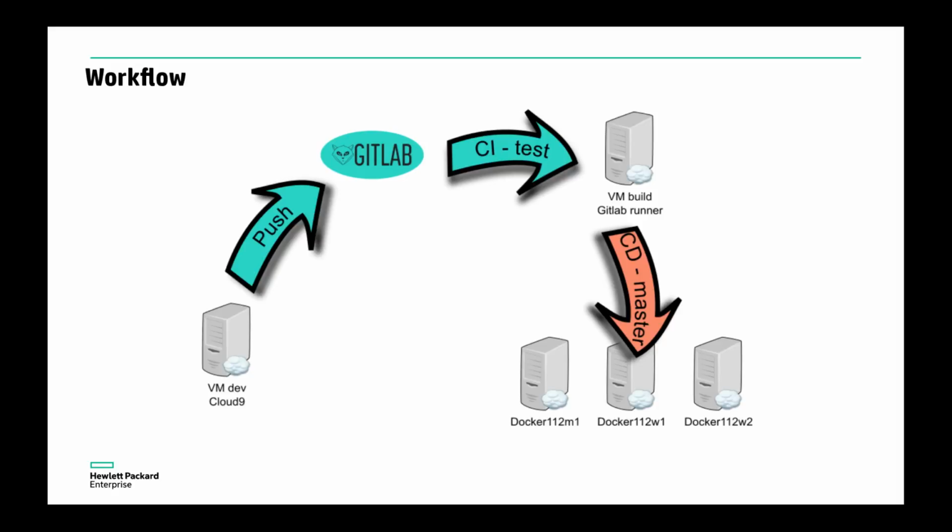And depending on the status of that code, it could be okay or it could be bad. If it's okay, I will be able then to do the continuous deployment. So as soon as I merge that code to my master branch, the code will be pushed to my development environment we have just set up as a cluster.